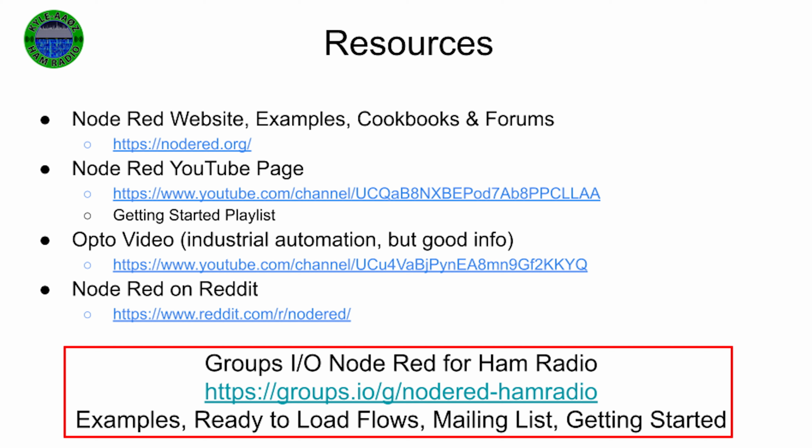There are 3 or 4 people that hang out on the Groups.io daily, and I guarantee you, if you get to a point where you are totally stuck, I guarantee you one of them will give you a call on the phone, and they'll do a Zoom call and they'll get you up and running.